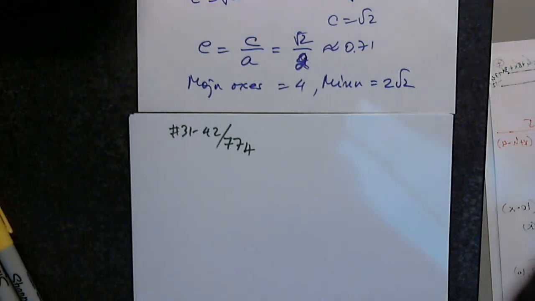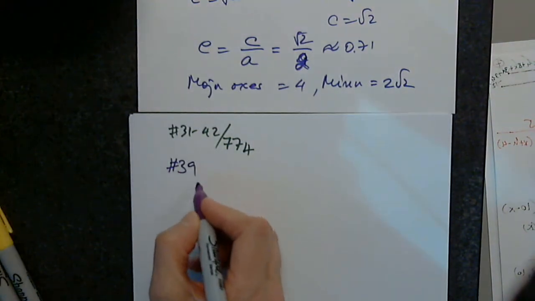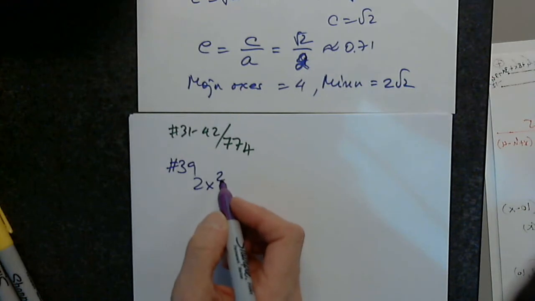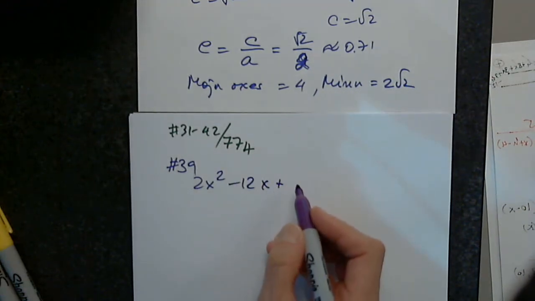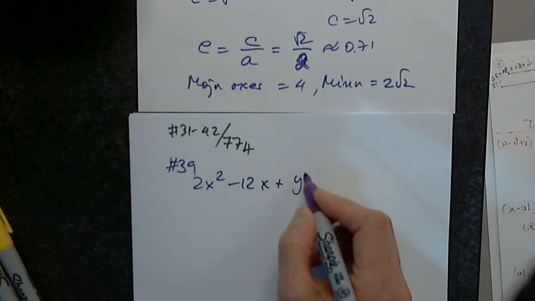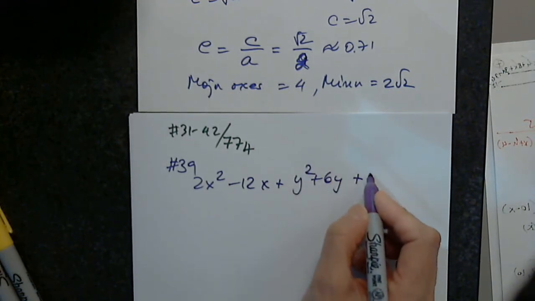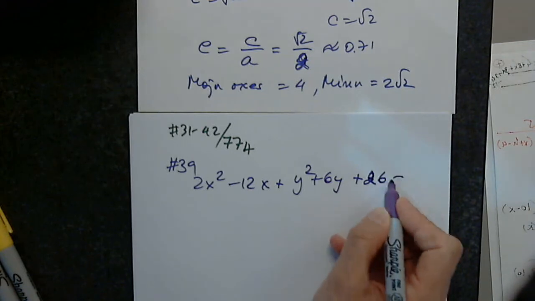39. Okay, 39. 2x squared minus 12x plus y squared plus 6y plus 26 equals 0.